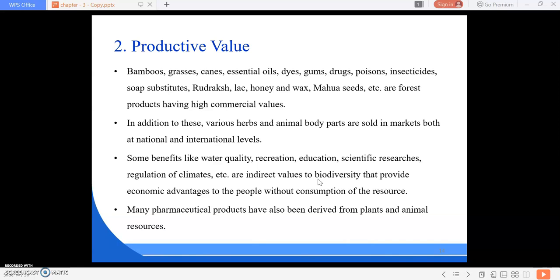In addition, various herbs and animal body parts are sold in commercial markets, both at national and international levels. Some benefits like water quality, recreation, education, scientific research, and regulation of climate are indirect values of biodiversity that provide economic advantages to people without consumption of the resources.